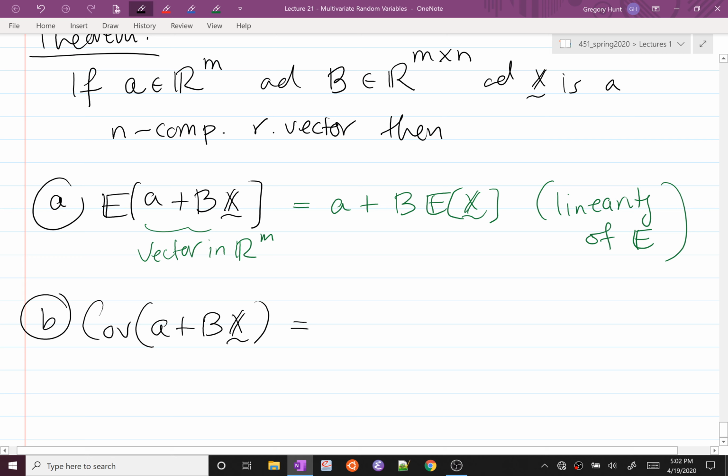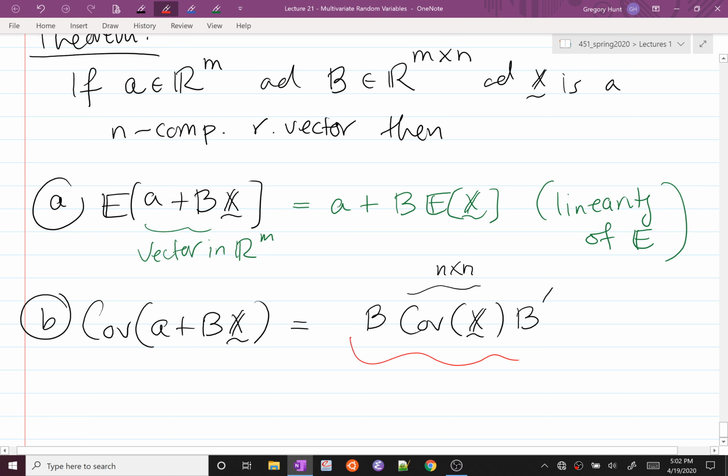And if I want to look at the covariance matrix of A plus BX, in the univariate case, I would be able to ignore additive shifts. I could ignore A, and you can in this case. It's going to be related to the covariance matrix of X. Remember, this thing is n by n. The way we get the covariance of A plus BX from the covariance of X is we multiply on the left by B and on the right by B transpose.